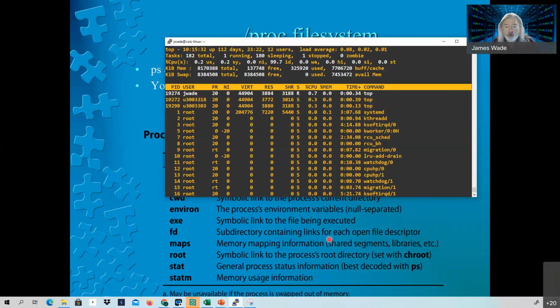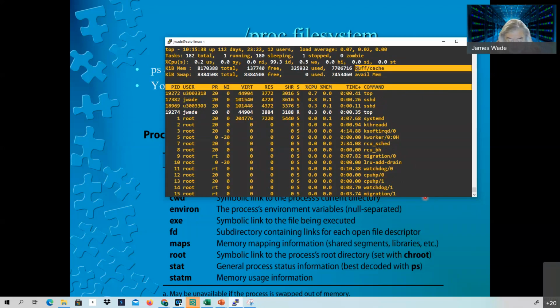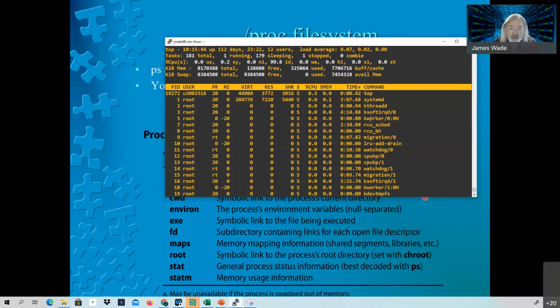What a Unix system will do, and notice it says it's dividing it into buffer and cache, is it will use any available physical memory for a disk cache. Okay. In other words, it'll use that memory to increase I/O performance by caching, or having a buffer there for I/O going to a disk drive.